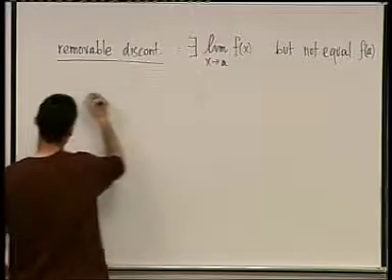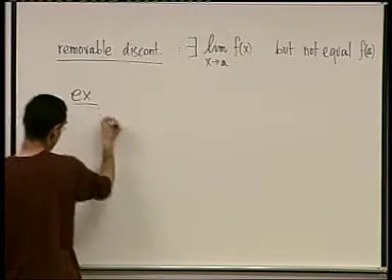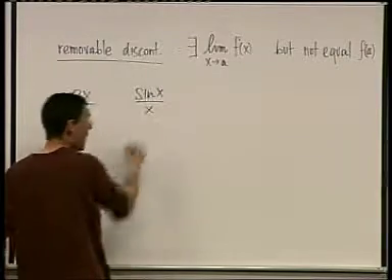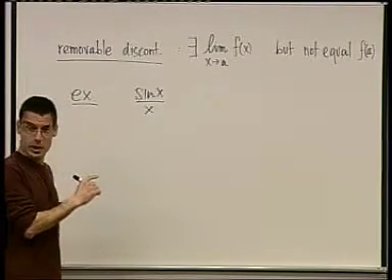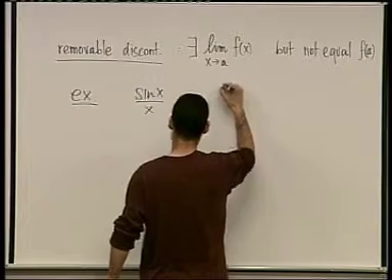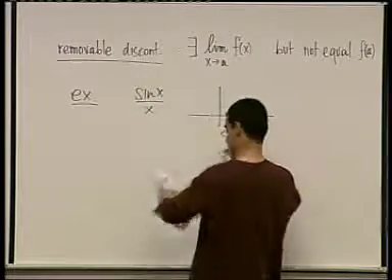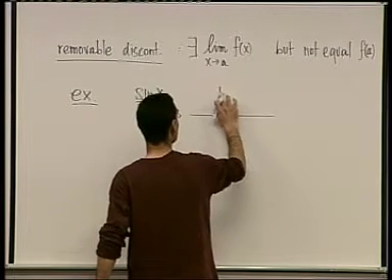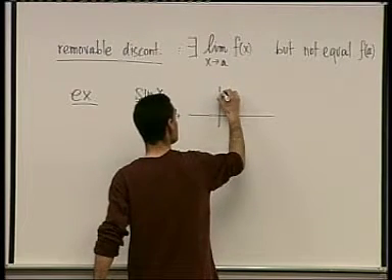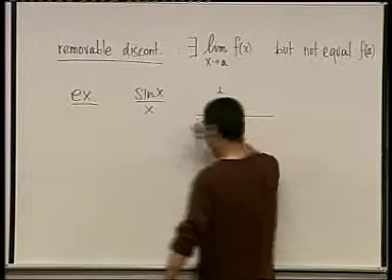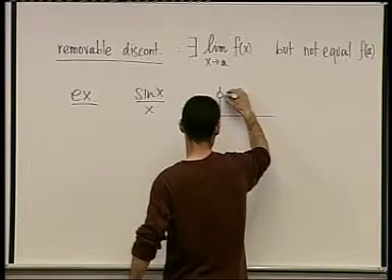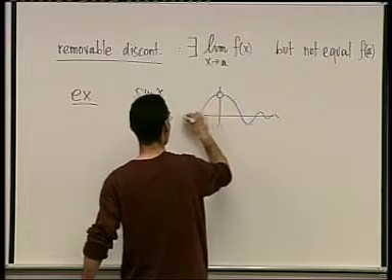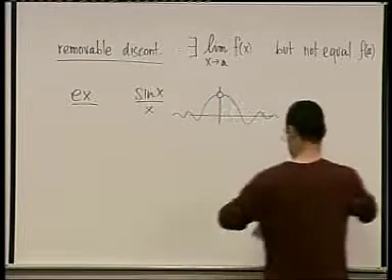Classic example, sine x over x. Remember this function? We drew it on the board. We discussed it. And the value of the limit as x approaches 0 is 1. That's a famous limit. Right? It looks something like this, if you recall.